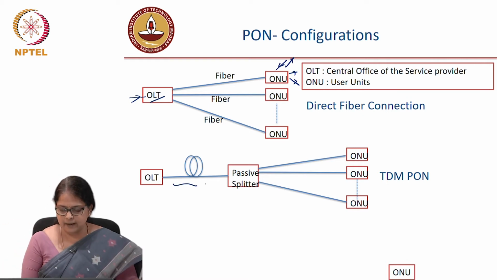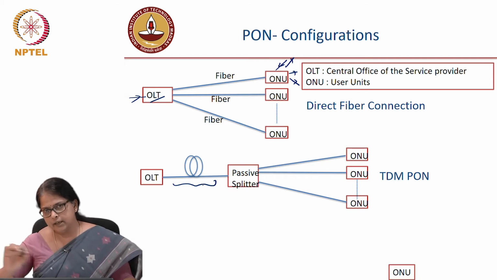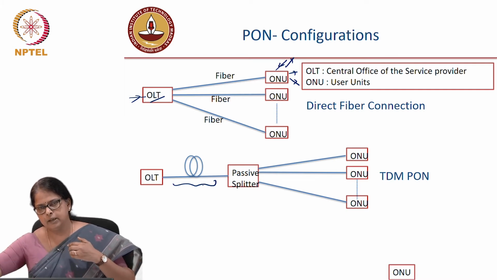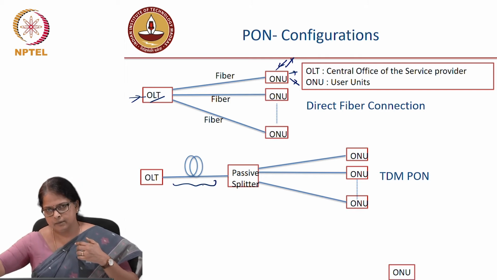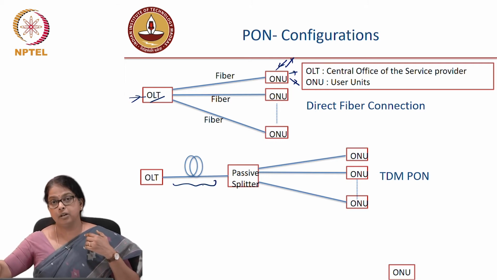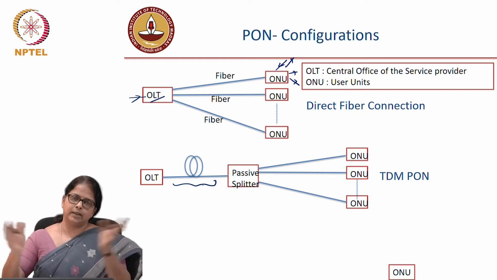Then you could have a fiber linking the OLT, taking it through to the far distance. So this is something like probably a Gram Panchayat, and from there you move to a point, geographically, where the users are, and just before you reach the users, you can split.